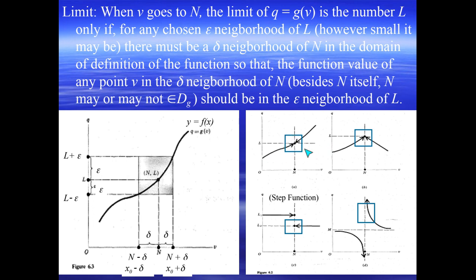Then, as a response, I will diminish also the delta distance, the horizontal distance, and diminish this square, or quadratic frame, whatever. Then always the points around (N, L) remain in this quadratic frame.